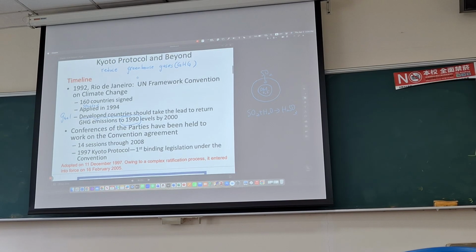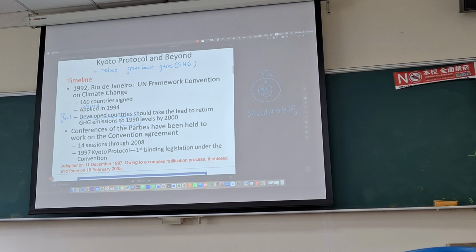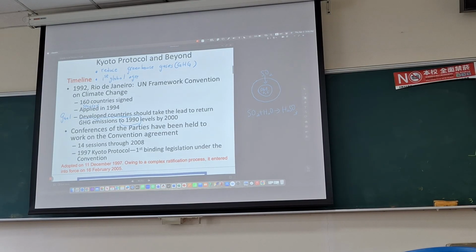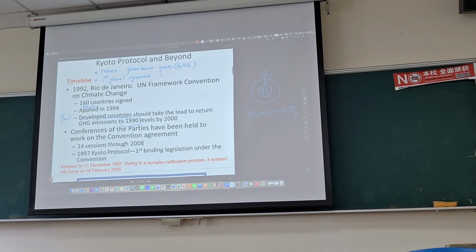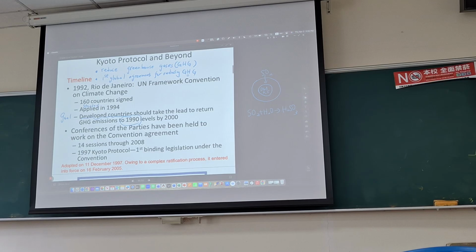Why is the Kyoto Protocol so important? I mentioned it again and again, and this happened like 30 years ago. Because the Kyoto Protocol is the first global agreement for reducing greenhouse gases.